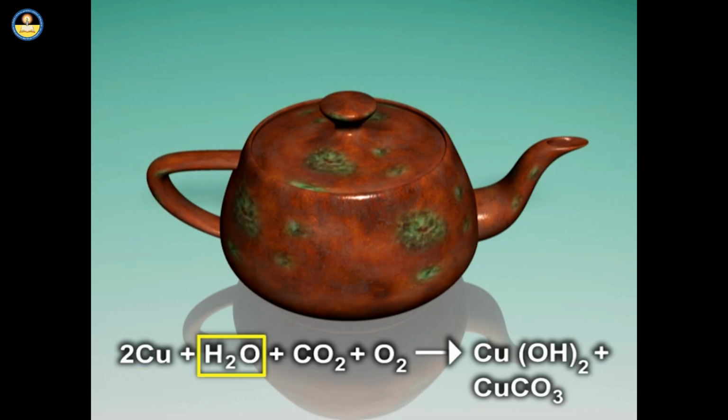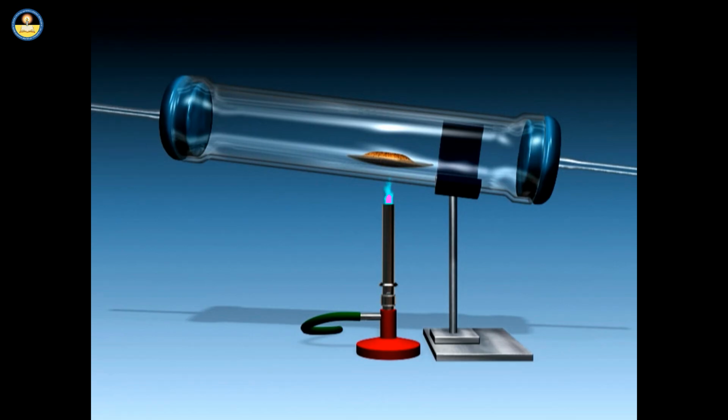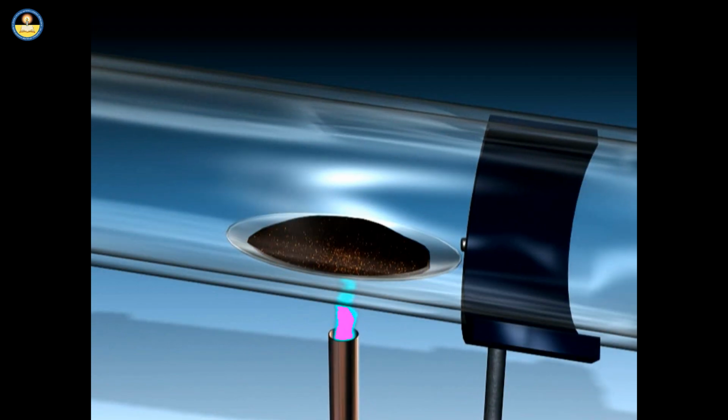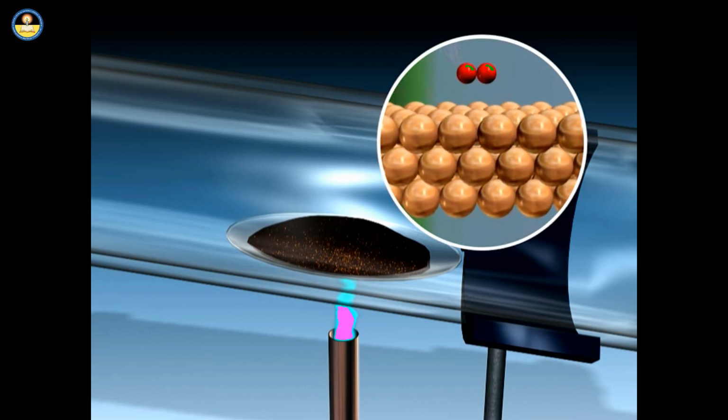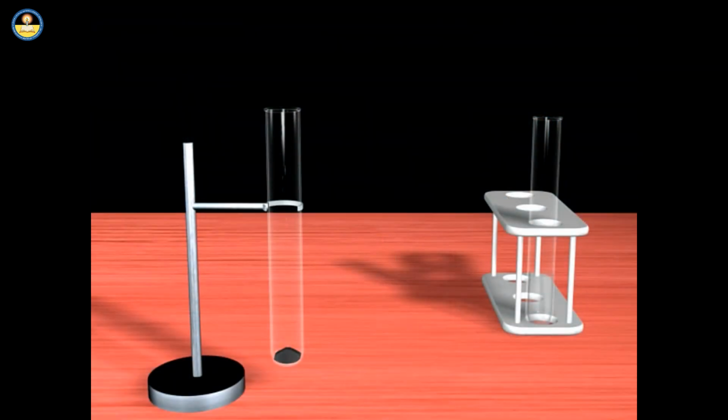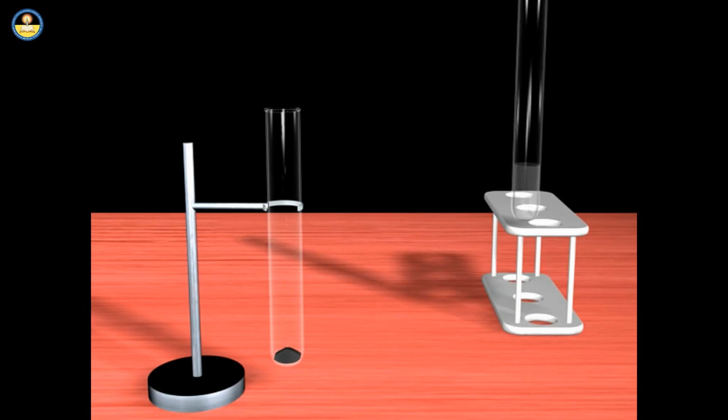Copper reacts with water, carbon dioxide, and oxygen to form copper hydroxide and copper carbonate. It reacts with oxygen on prolonged heating to form a black mass of copper oxide. Copper oxide is also a basic oxide. It reacts with dilute acids to form salt and water.